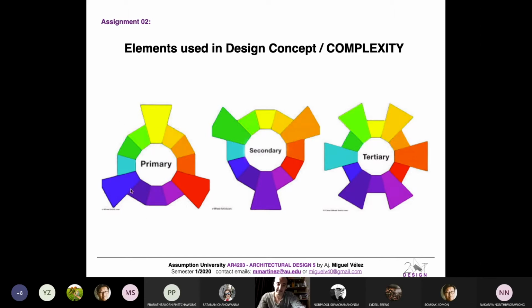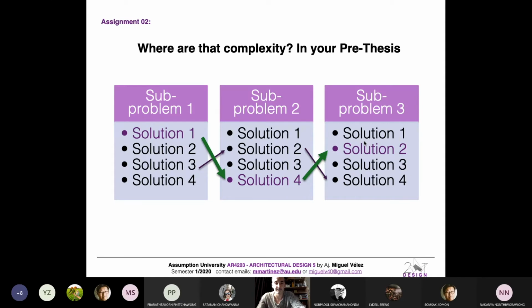These elements, this analysis, the understanding of this, are going to give us a kind of level of complexity. That is what we saw in the case of Lydell. All this complexity comes from the prethesis, the output, the conclusion of your prethesis. So we should have here all the case studies, all this information.